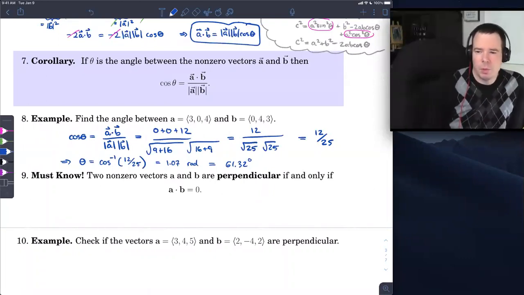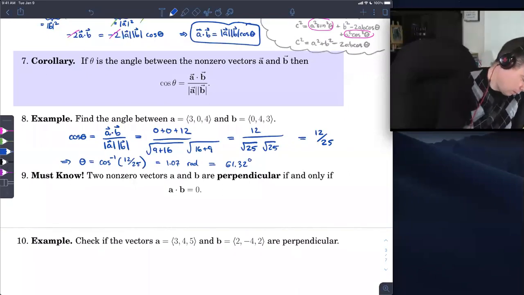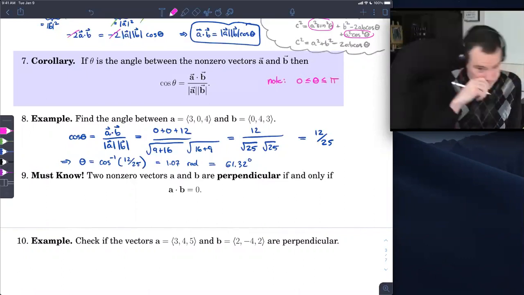One thing I want to just point out is that the angle between two vectors is a value between 0 and pi. So you want to note that theta is a value between 0 and pi.